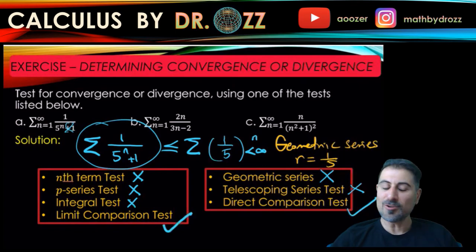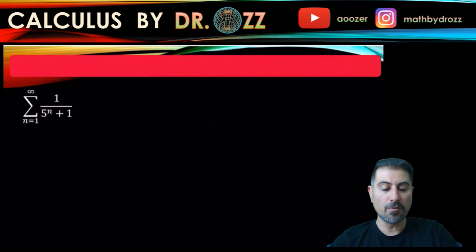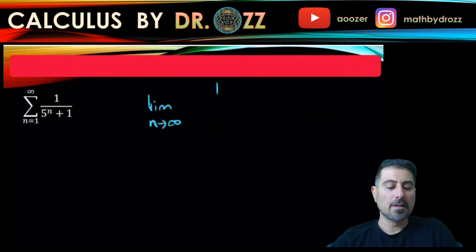So now it's a good time for you to pause the video and apply the same strategy of choosing the second series to be the geometric series here, but this time using the limit comparison test. This is your homework. You can again pause the video and look at what's going on.